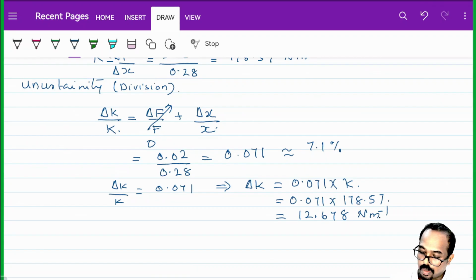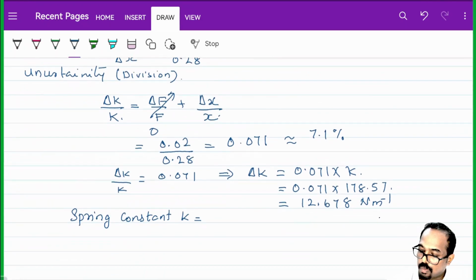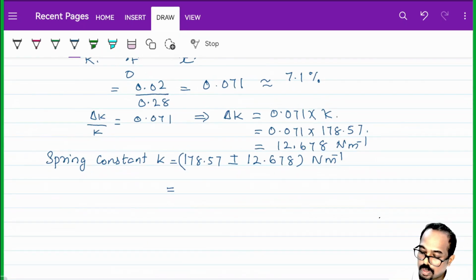So your spring constant K, you can write, what is the value? Average value is 178.57 plus or minus 12.678 Newton per meter. Then you round it off and write it in a suitable significant figure.